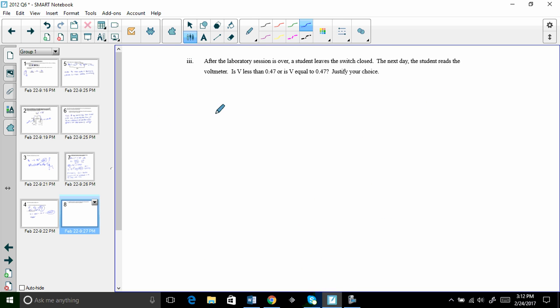Last cell, the student leaves the switch closed. The next day, the student reads the voltmeter. Okay, so what happens is this battery runs all night. Again, here's the battery. Lead is oxidizing, so it's turning into Pb2+, and copper is reducing, so it's turning into copper.